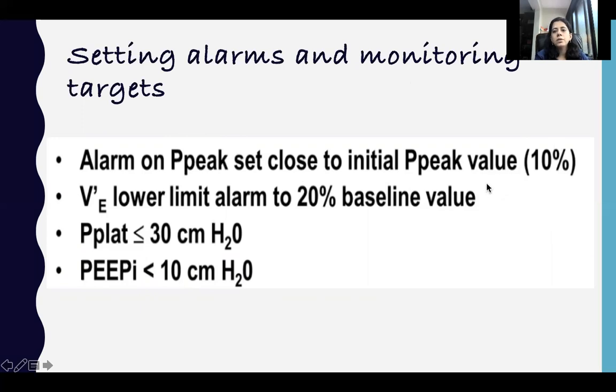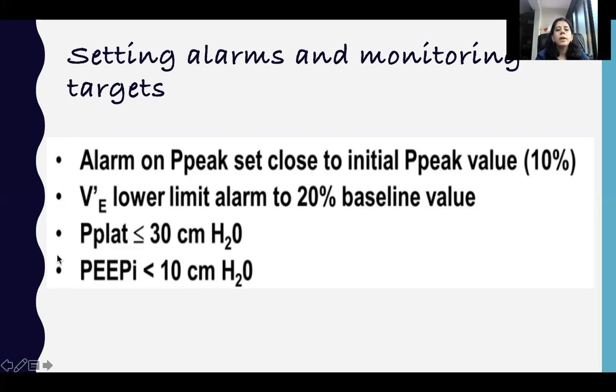So when I put the patient on the ventilator, if my P peak is 70 centimeters of water, my P peak alarm should be at 77 to a maximum of 80 centimeters of water, and not more than that. If, because of repeated alarming, my nurse or any of my doctors makes that P peak alarm more than 120, the patient may actually rupture and go into a sudden arrest without even realizing the cause of the arrest.